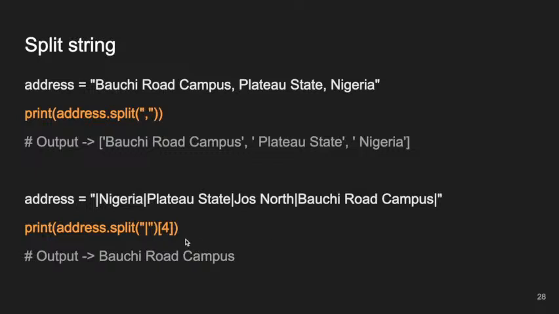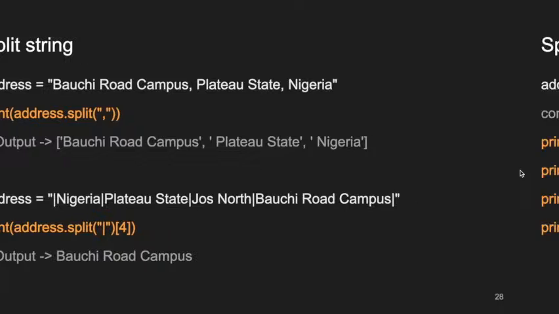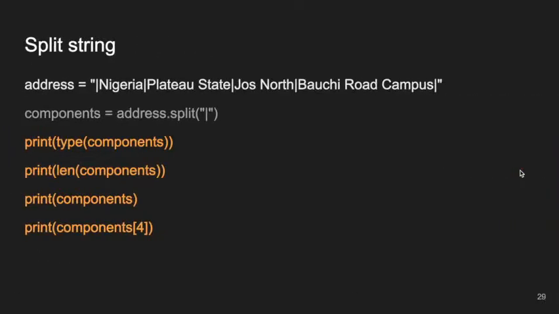Because it's an array, you can get each index of that array using the square brackets and then the index number you're interested in. Bauchi Road Campus will give you the fourth one. You can try that out to see what you get.